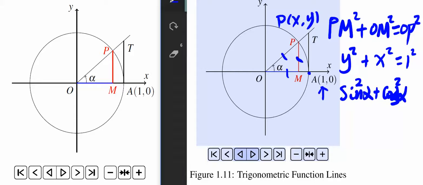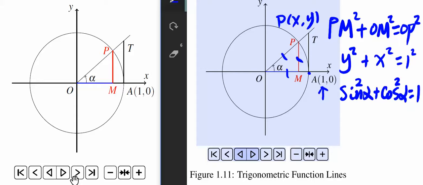Let me rewrite it: sine squared alpha plus cosine squared alpha is 1. So this will be one of the identities we need to know today. It is true all the time.